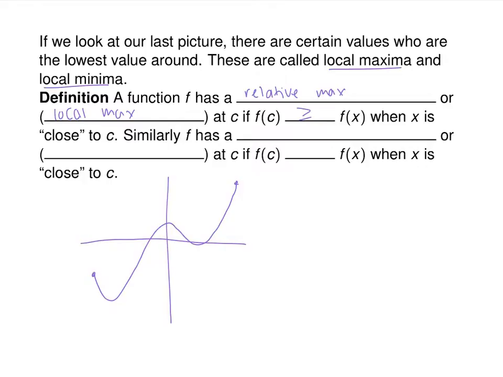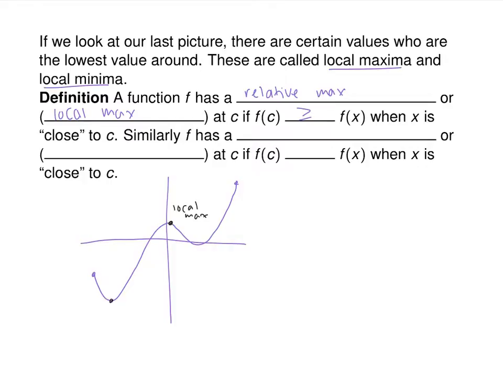So think about this as if you were climbing this hill, what things would appear to be false summits? You see what I'm saying? So this thing would appear to be a false summit in some sense, right? That number is called a local max. It's the highest point around. Does that make sense? It's a bump up.